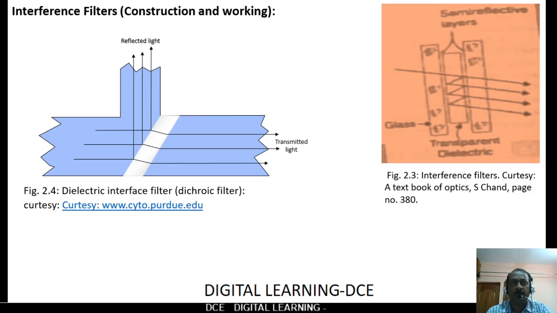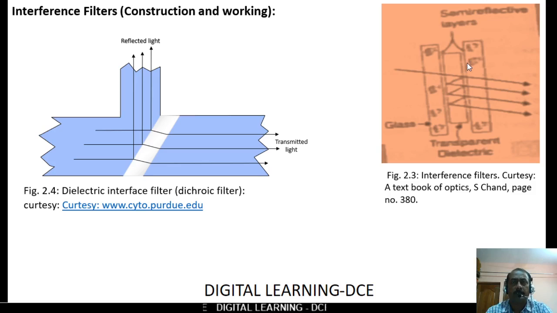Then a thin film of dielectric material with lower refractive index such as cryolite is deposited on the titanium oxide. On this, a lambda by 4 thick film of dielectric material of higher refractive index is deposited again.